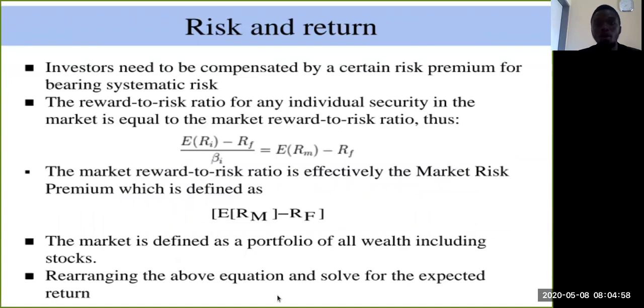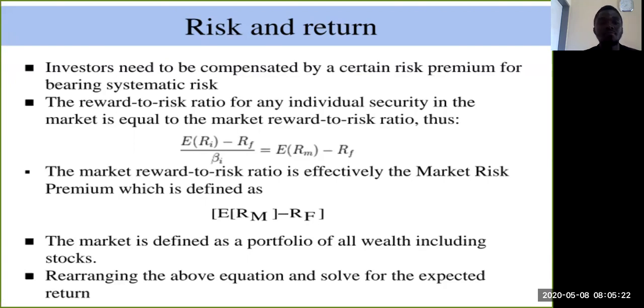Investors need to be compensated by a certain risk premium for bearing systematic risk. So if you are an investor and you see that your investments are bearing a systematic risk, you'll be compensated. You'll be given a risk premium, which is a reward for you bearing that risk.